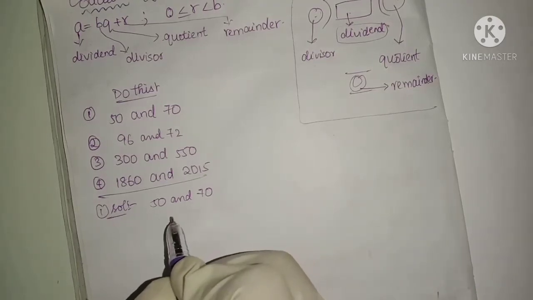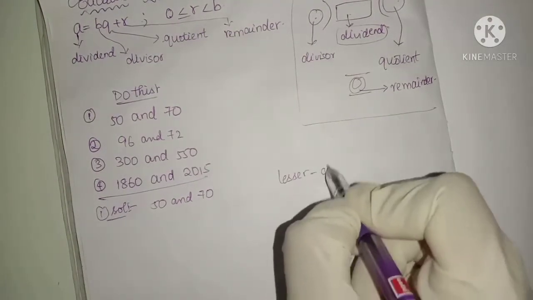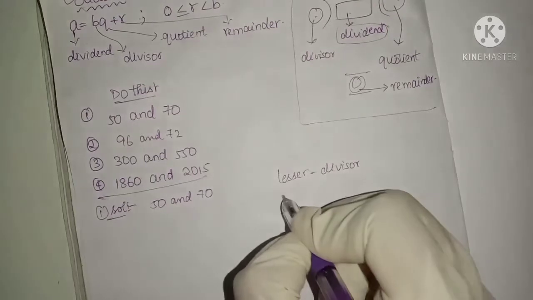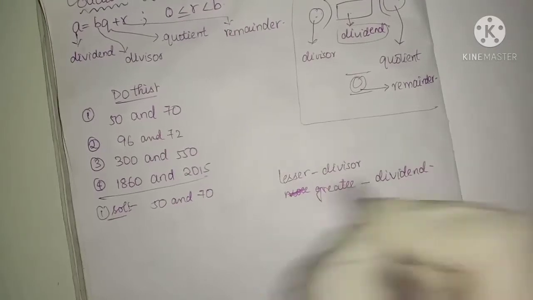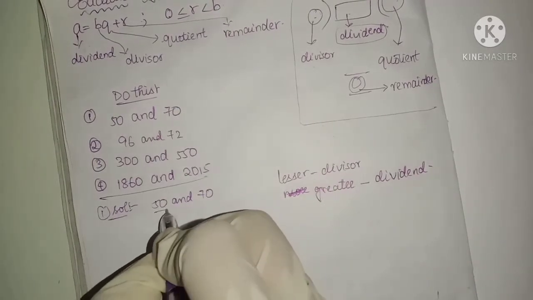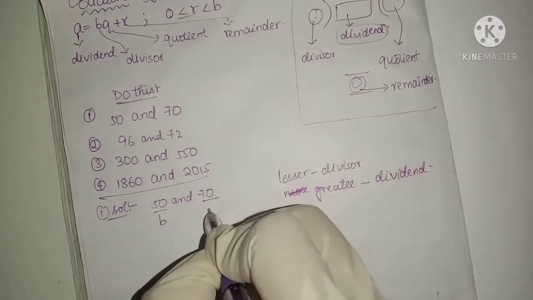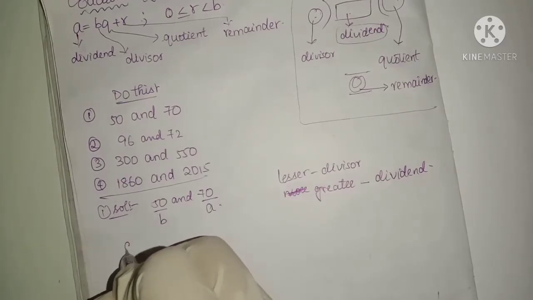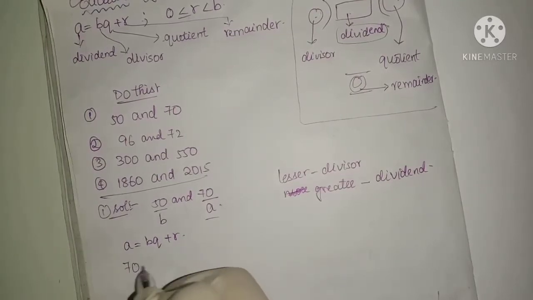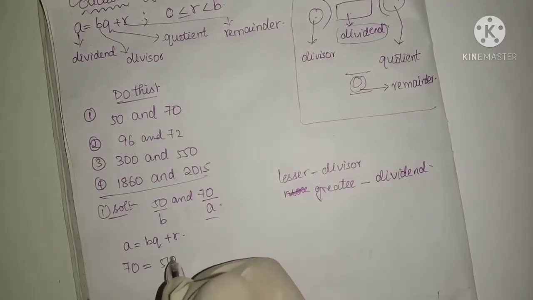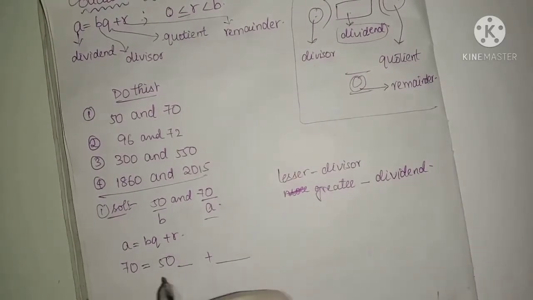To decide which is which, always take the lesser number as the divisor and the greater number as the dividend. So 50 is the lesser number, the divisor, so take it as B. 70 is the greater number, the dividend, take it as A. Write the equation A = BQ + R and substitute the values: 70 = 50 times Q plus R. We don't know the quotient or the remainder, so we are going to do the division.